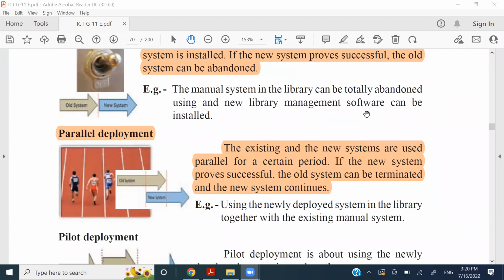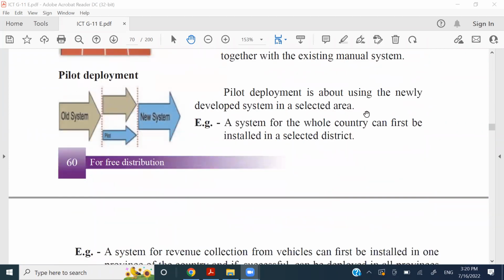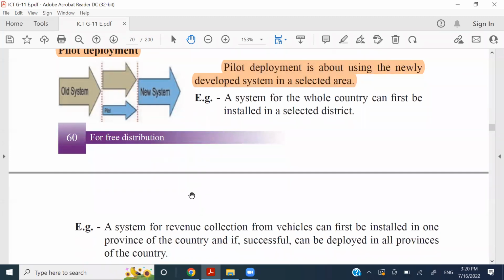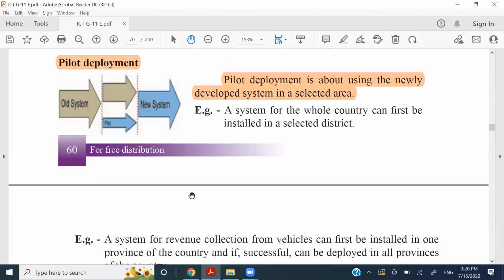Okay, so moving forward, going to the pilot deployment. And in there, it's better you write the example as well.